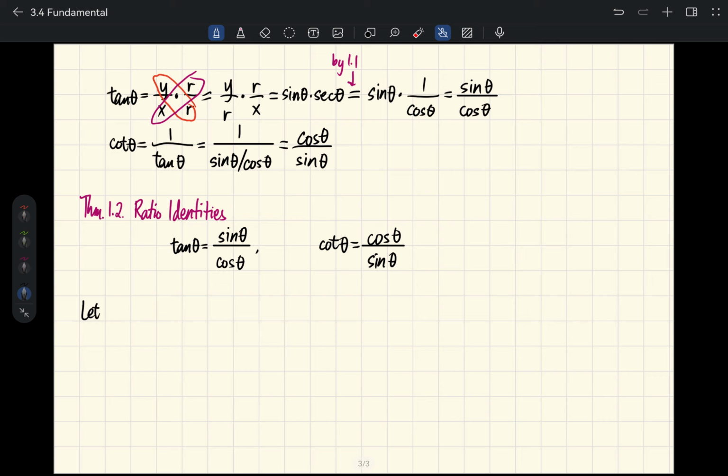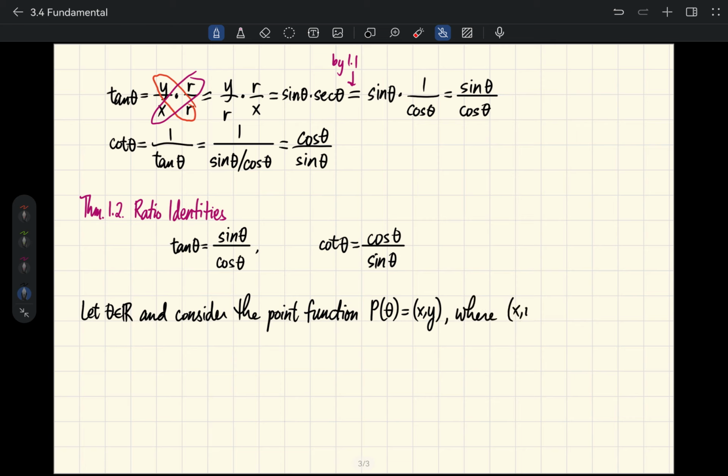Let theta be in R and consider the point function P of theta equals xy, where xy is a point in the unit circle.